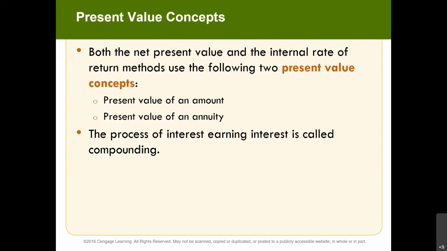Okay. So the concept of compounding interest is that interest earns interest if you leave it in the bank. Let's say we invest $1 today and we leave that dollar in the bank for a year. The bank tells us that our interest rate for that bank account is 12%. So if I leave that dollar in the bank for an entire year, at the end of that year, that dollar becomes $1.12.